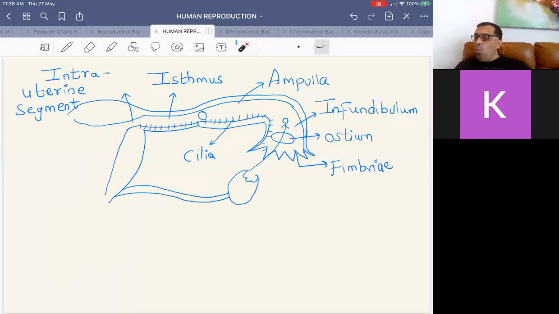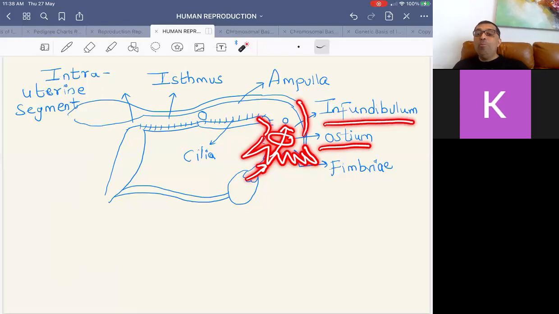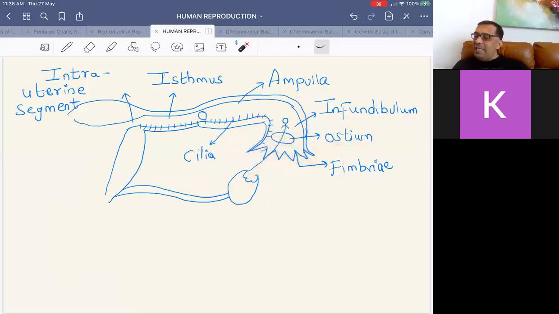So the egg was released. Who sucks the egg? Fimbriae. Where does the egg open, into the opening called the ostium? Into which part does it go? Infundibulum. Then by ciliary action, where does the egg enter? Into the ampulla. From the ampulla, where does it go? Into the isthmus.